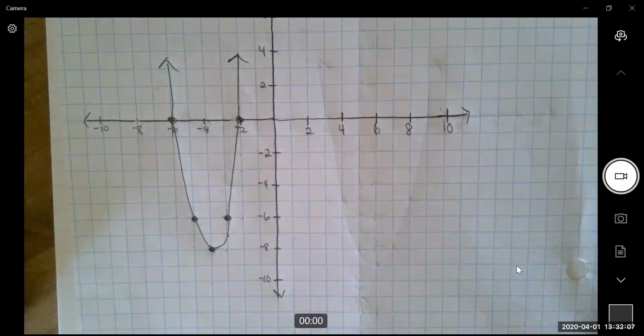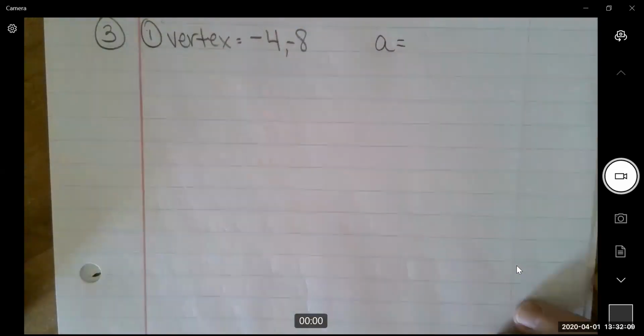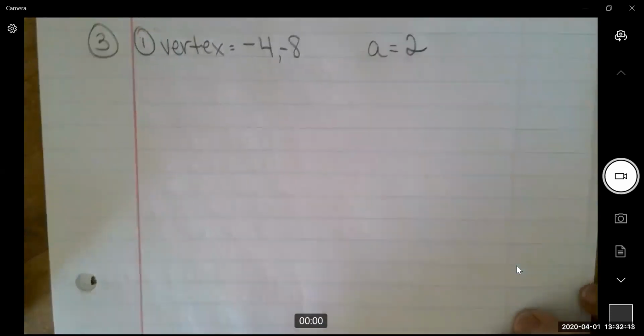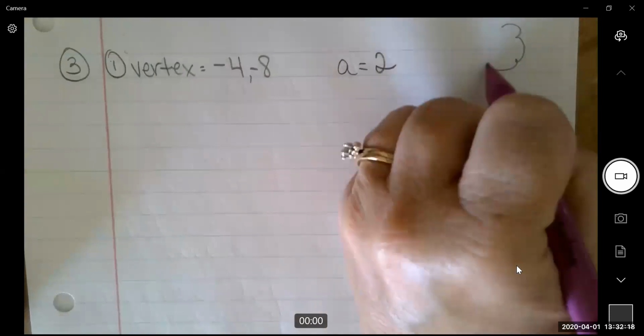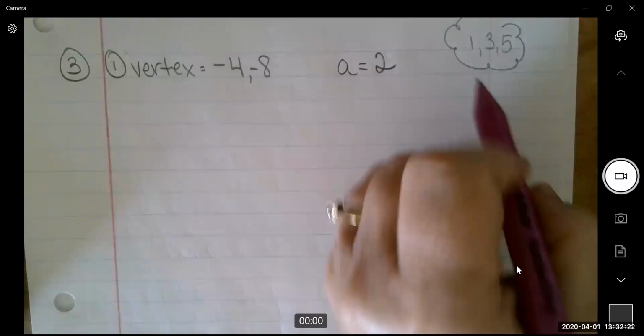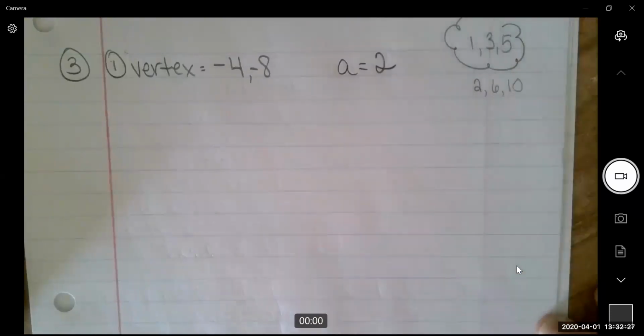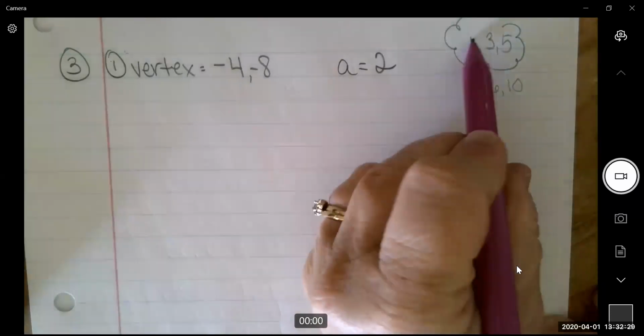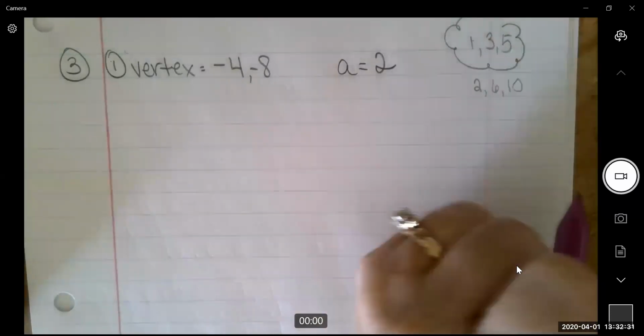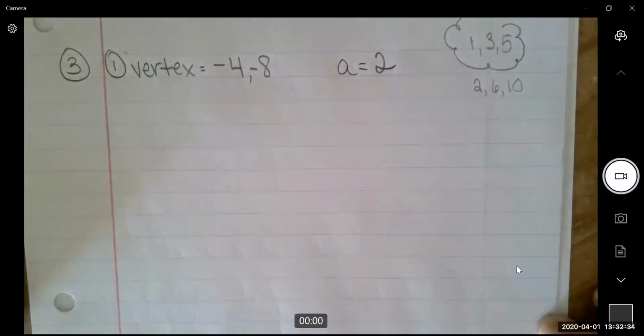I'm going to tell you right now that A is going to equal 2. If you think about that 1-3-5 rule, on the graph we went up 2, we went up 6, and we would go up 10. 2 divided by 1 is 2, 6 divided by 3 is 2, 10 divided by 5 is 2. So it's multiplying by 2.